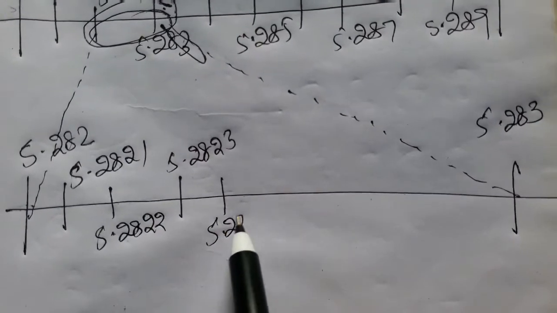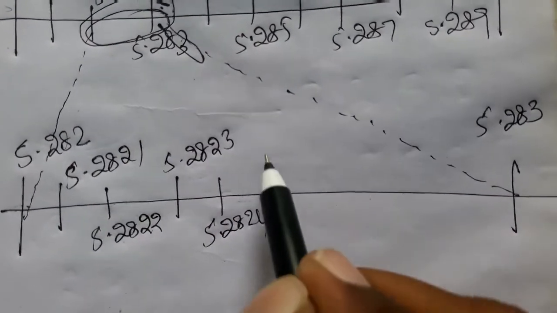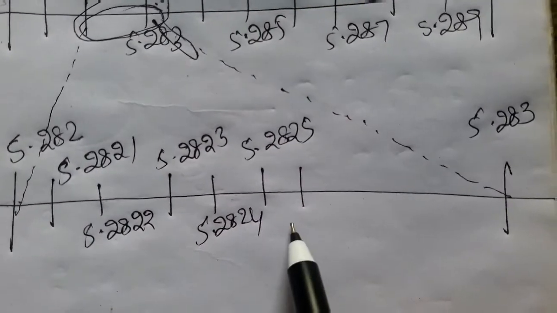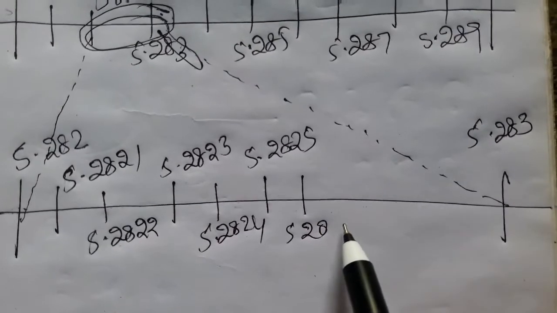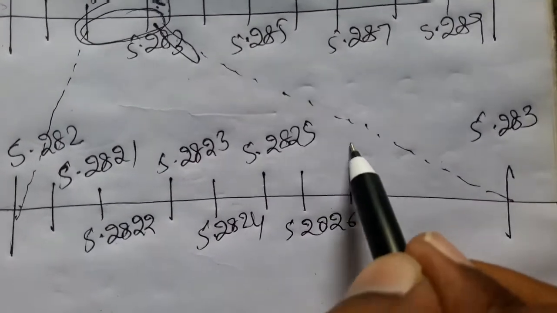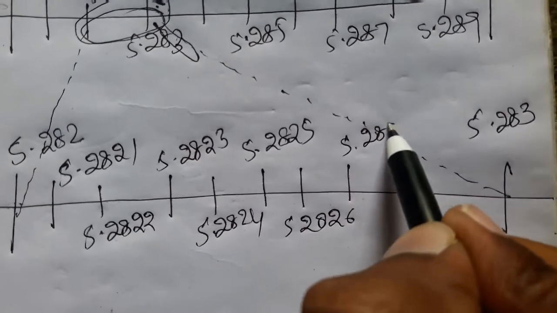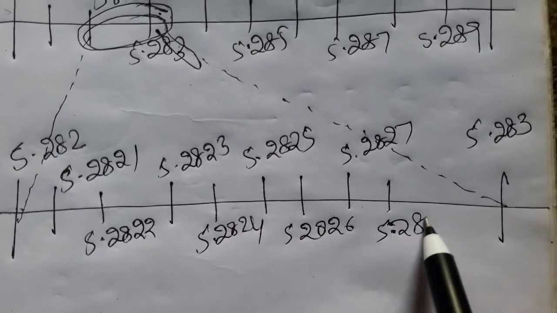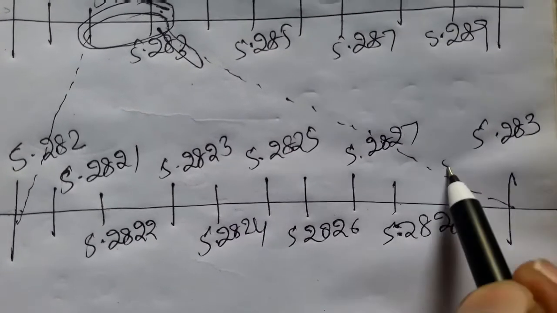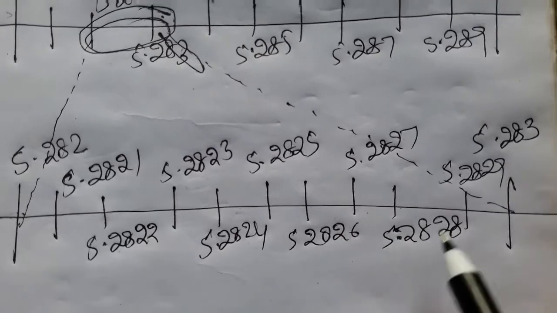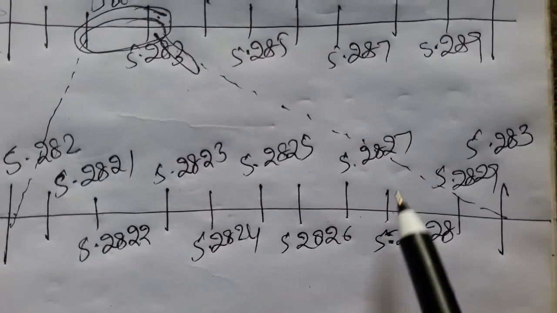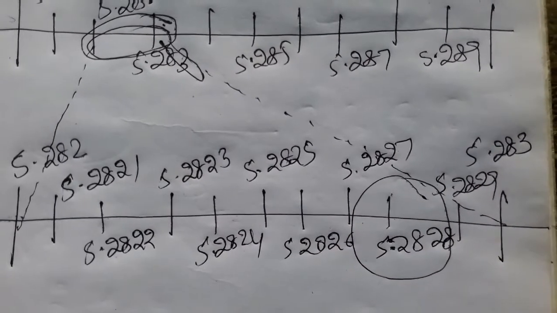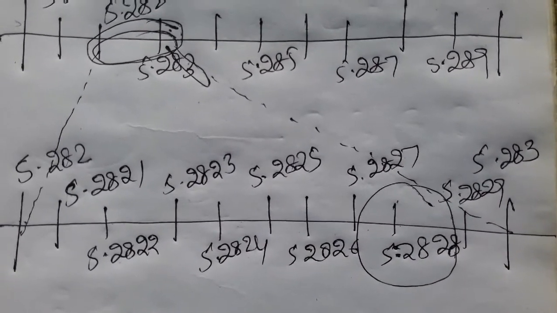Here 5.2824. Here 5.2825. Here 5.2826. Here 5.2827. Here 5.2828, 5.2829. We required the 5.2828 number, which is here. This is the answer of the given question, isn't it?